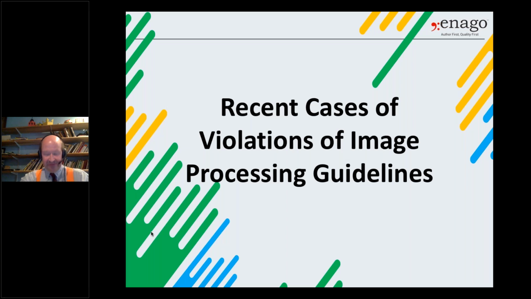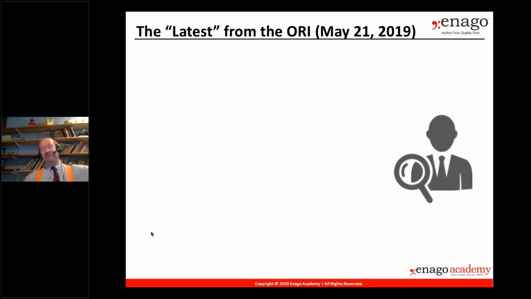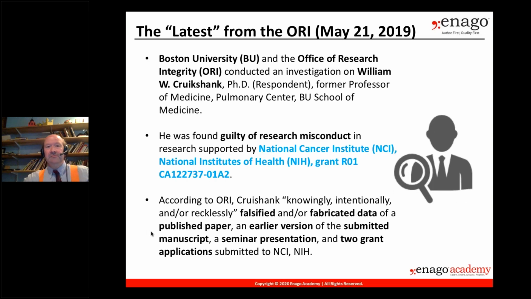And there are plenty of cases of this, including very recent ones of digital manipulation that's been unethical. So, for example, Boston University in Massachusetts in the United States, they looked at a full professor of medicine in their pulmonary center in their School of Medicine, and they found he'd done a whole bunch of things wrong. You can go online and look up this specific case.